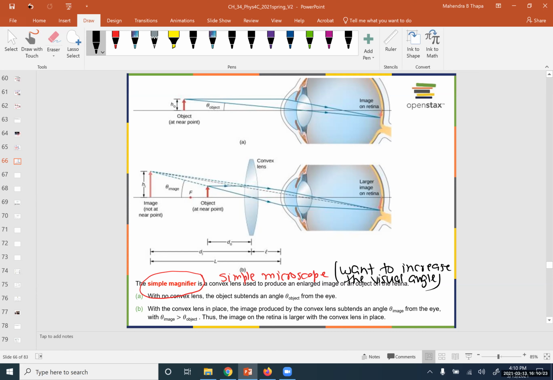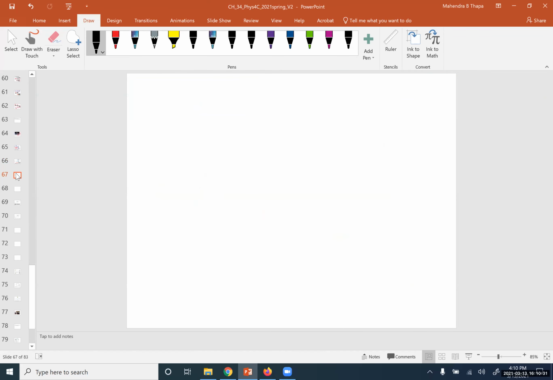So let's define some of the terms here. Because we are dealing with angle, we call it magnification, but it is the angular magnification.